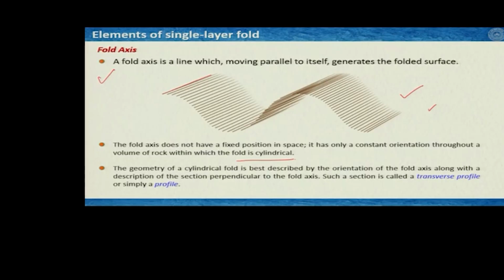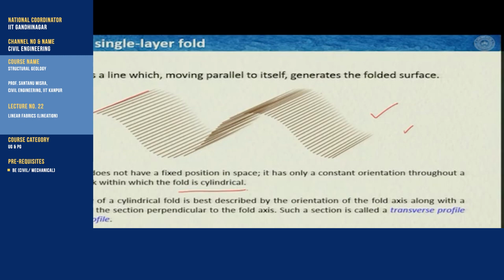In other words, the geometry of a cylindrical fold is best described by the orientation of the fold axis along with the description of a section perpendicular to the fold axis. This particular section, or this particular plane, is known as the transverse profile, or simply a profile or a cross section of a fold. We will see later that if we cut the fold in different sections, the appearance of the fold would change drastically.